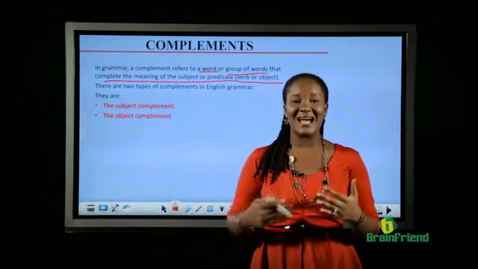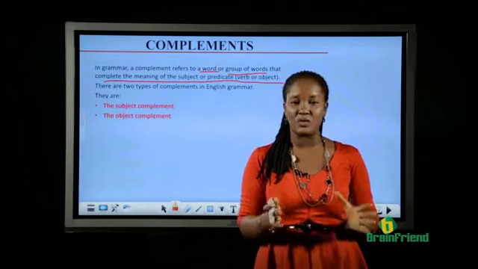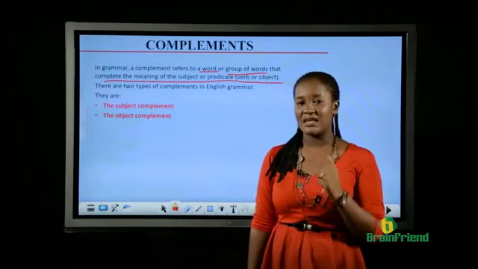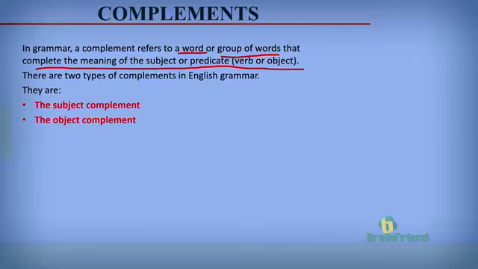Complements simply provide additional information about other words in a sentence. Now, in English grammar, there are two types of complements. They are the subject complement and the object complement. Let's discuss them one after the other.